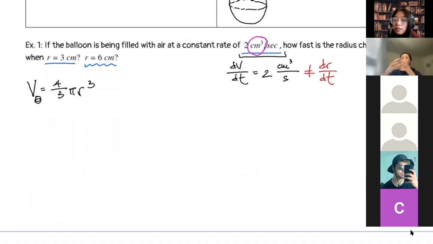But as the balloon grows, what happens as it gets really close to the biggest that balloon can be? Does it get easier or harder to blow air into the balloon? What about as it gets really close to the popping point? Do we think that it's easier or harder then? Easier. Okay.